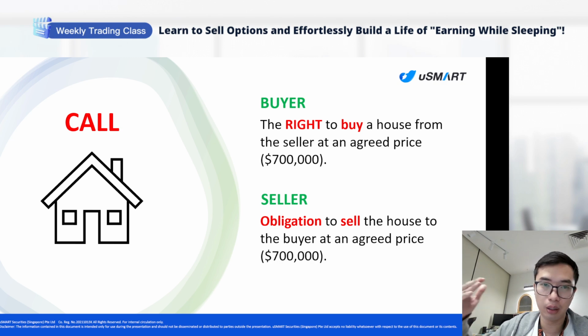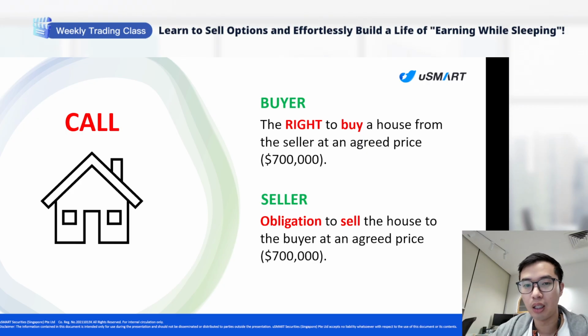If the buyer wants to exercise the contract, they have the right to buy the house at 700,000, so the seller actually has the obligation to sell it at 700,000.